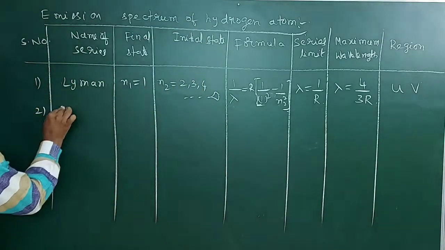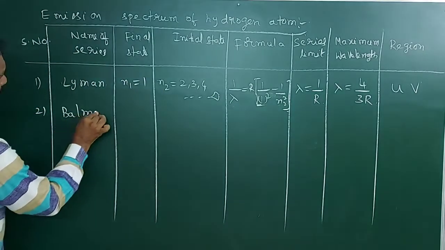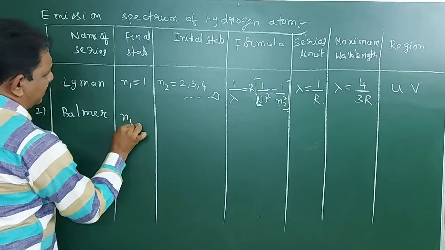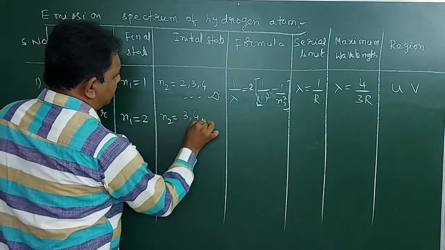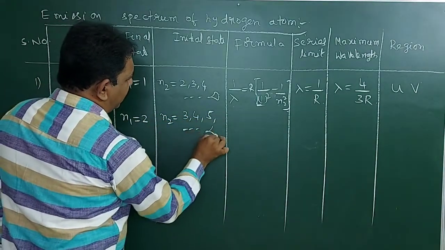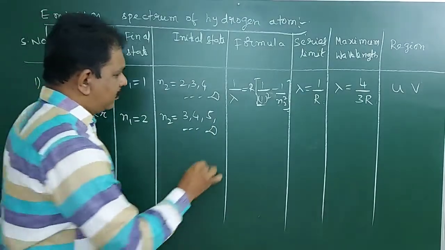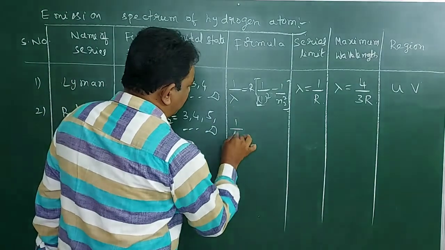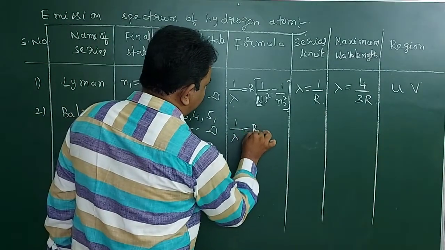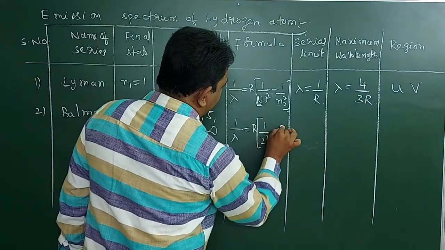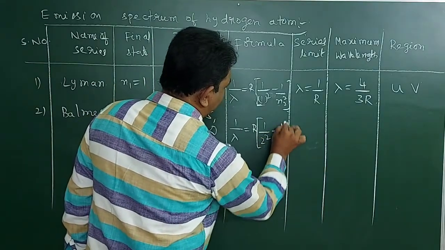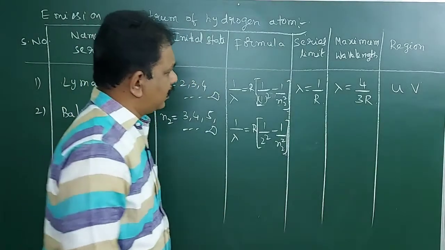Next, Balmer. n1 is equal to 2, n2 is equal to 3, 4, 5, and so on to infinity. Here what is the formula? 1 by lambda is equal to R into 1 by 2 square minus 1 by n2 square.